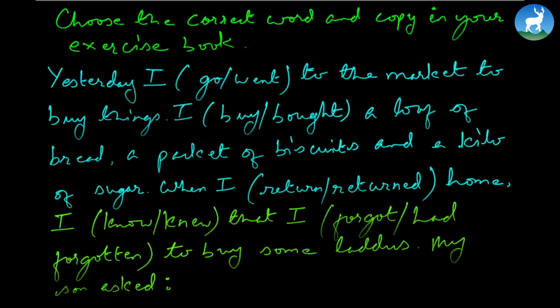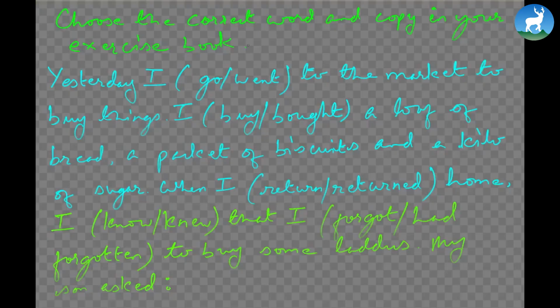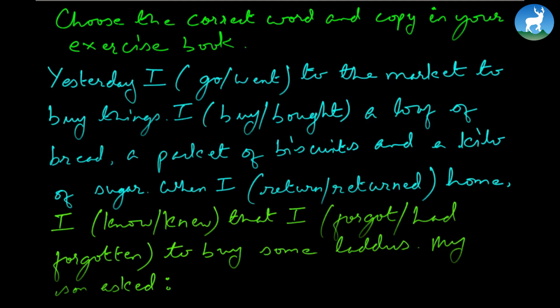So let's begin. Yesterday, because it's talking about yesterday, remember we're focusing more on verb 2 here. Yesterday I went. So here I tick went. Yesterday I went to the market to buy things. Because it's the event of yesterday, which is past, that's why, again, simple past. Remember, we are generally following simple past here. I bought a loaf of bread, a packet of biscuits, and a kilo of sugar.